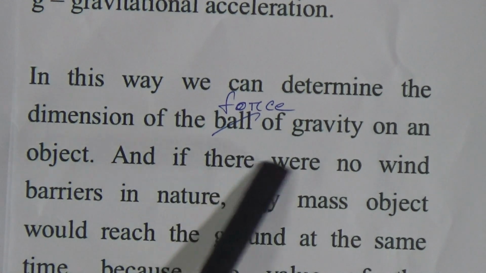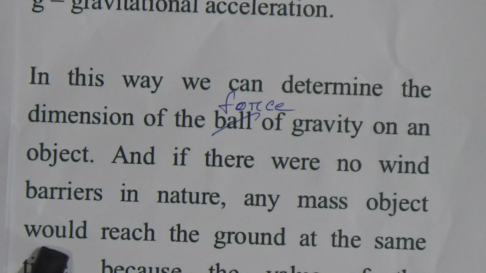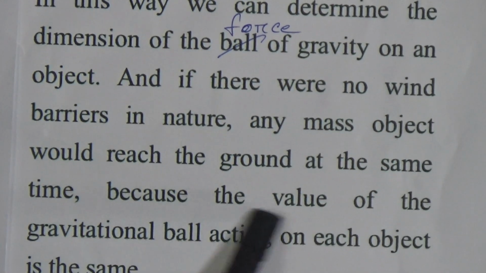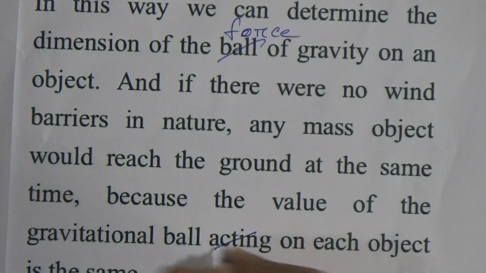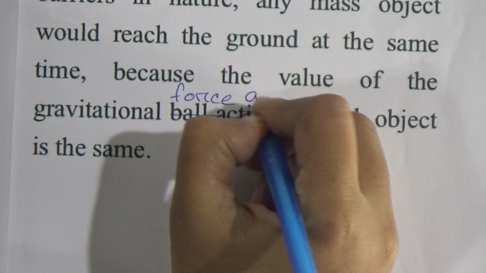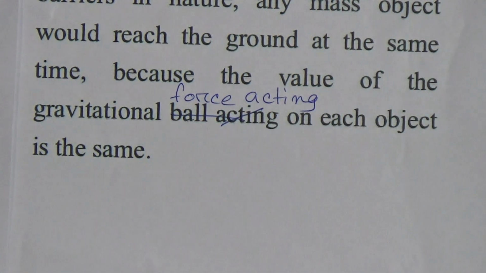If there were no wind barriers in nature, objects of any mass would reach the ground at the same time, because the value of the gravitational acceleration acting on each object is the same.